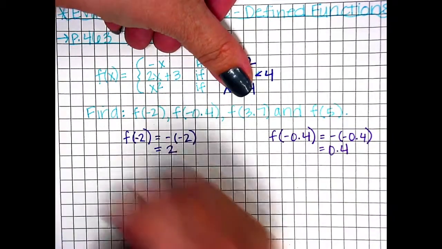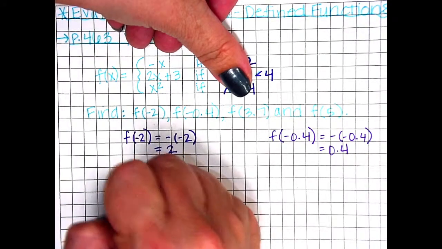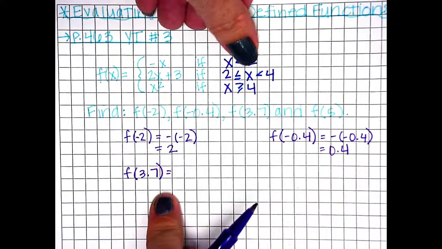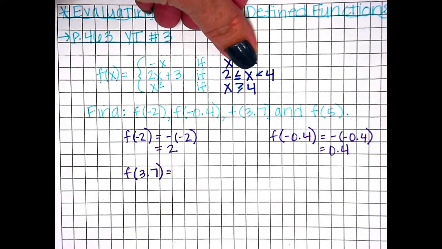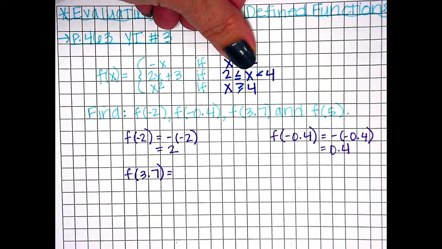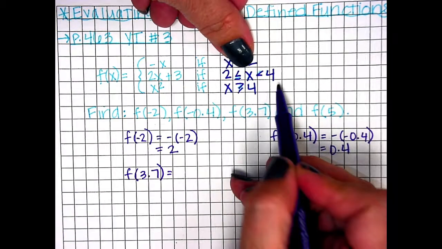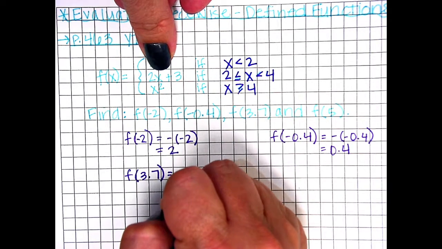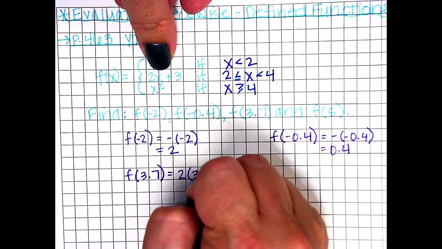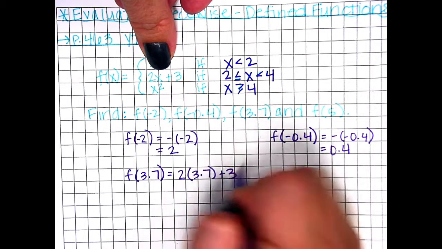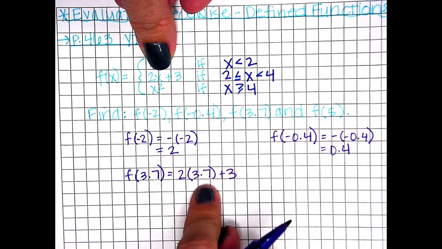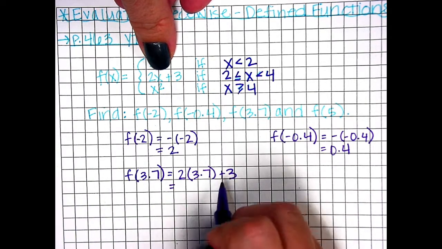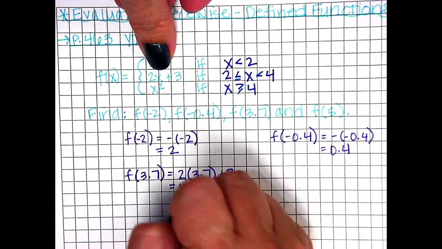The next value is f of 3.7. 3.7 is going to fall in between 2 is less than or equal to x is less than 4, so we're going to use the 2x plus 3. So we have 2 times 3.7 plus 3. 2 times 3.7 is 7.4, plus 3 is 10.4.